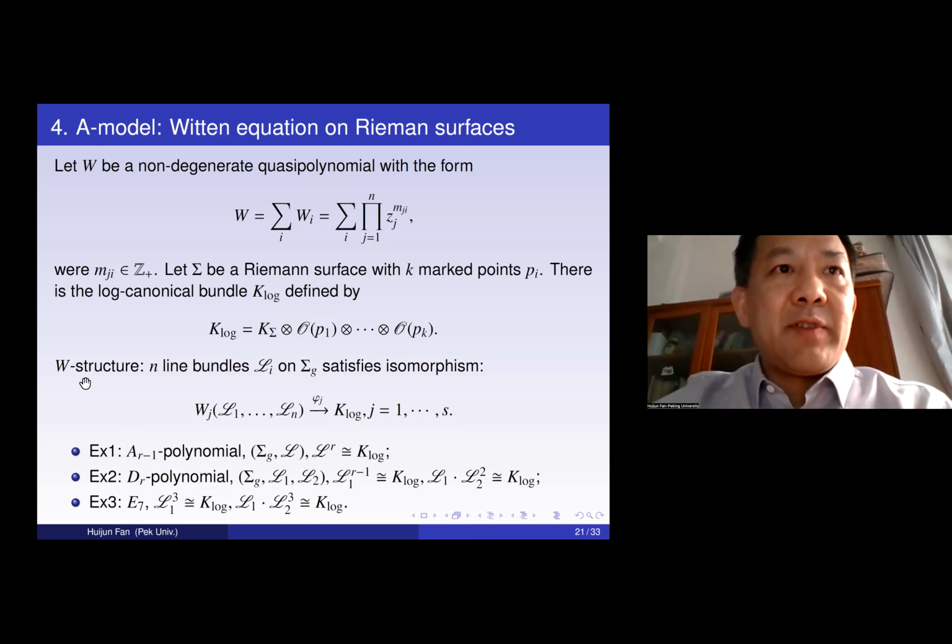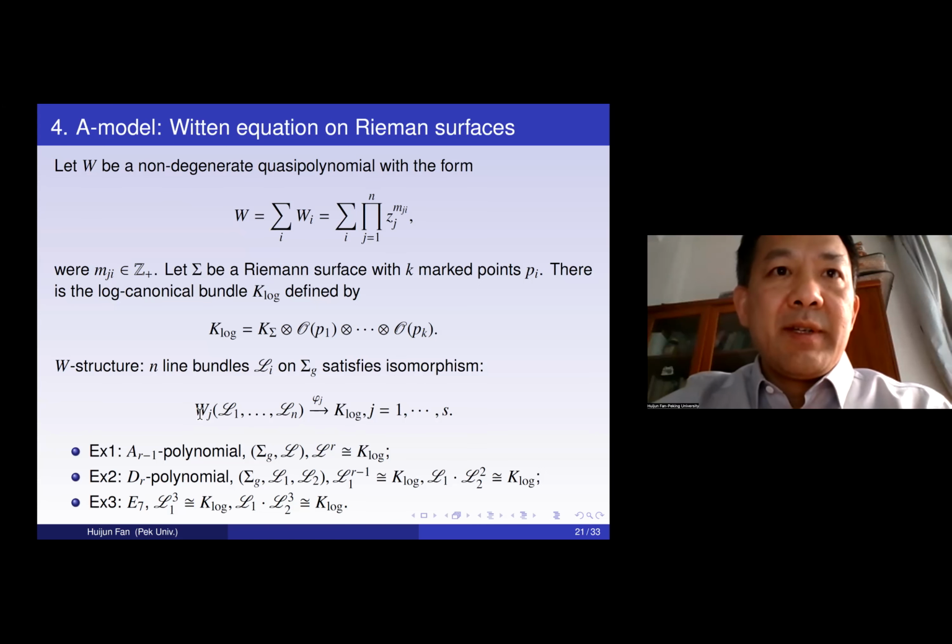And we have the definition of a W structure. This consists of n line bundles L_i on the genus g surface sigma satisfying an isomorphism. You take a monomial W_j and insert the line bundles into the places of the variables, and then you get a tensor product of line bundles.